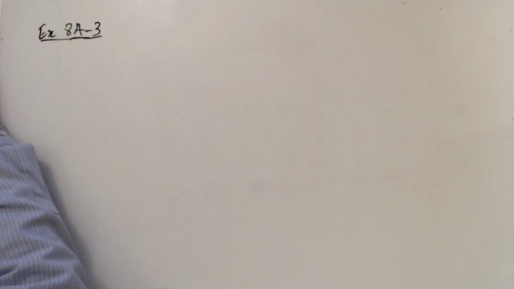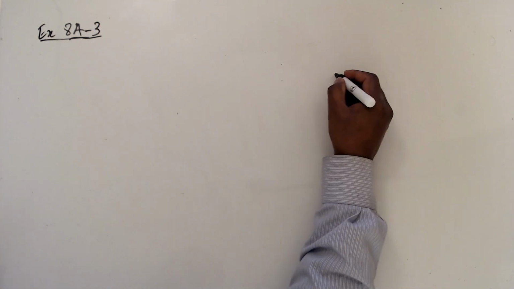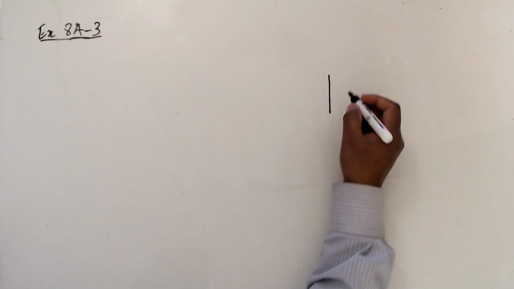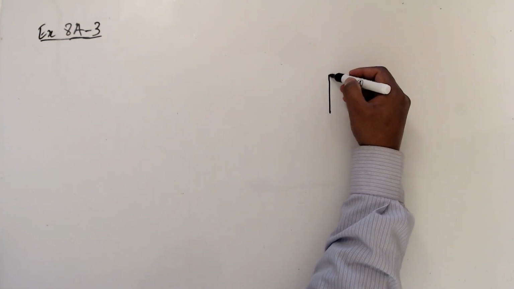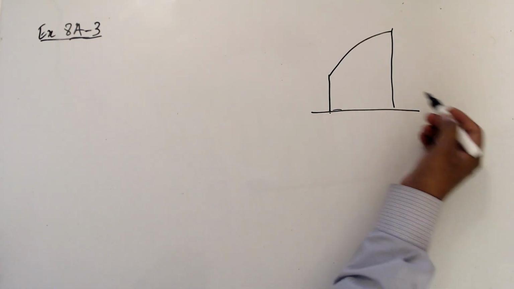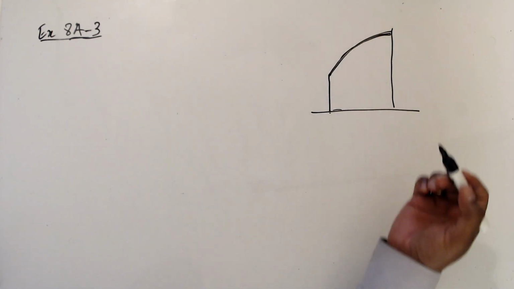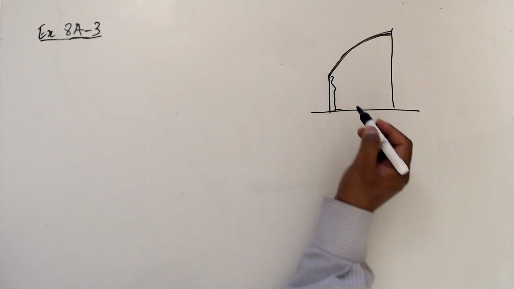So question number 3: the motion of a basketball as it leaves the player's hand and passes through the net is modeled by this equation. So something like this. This is the player, and the ball goes to the net. So this is the scenario we have to model, and this is the height of the player.